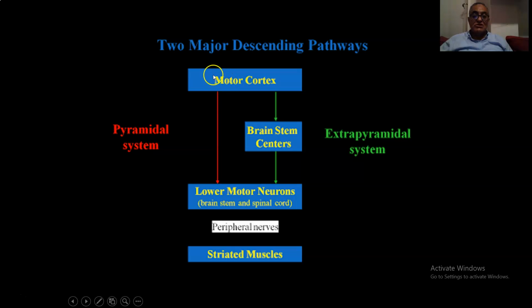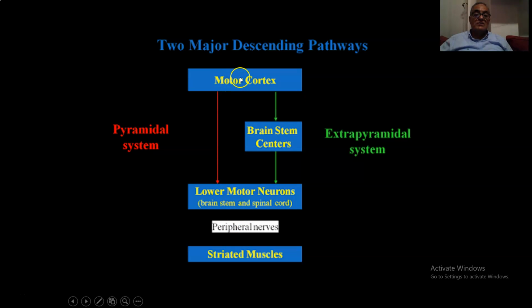We have one system which is very well known and very well understood, the pyramidal system, going to the lower motor neurons, which are the motor nuclei of the cranial nerves and the anterior horn cells of the spinal cord, then to the peripheral nerves and striated muscles.